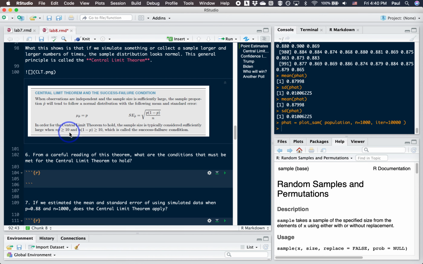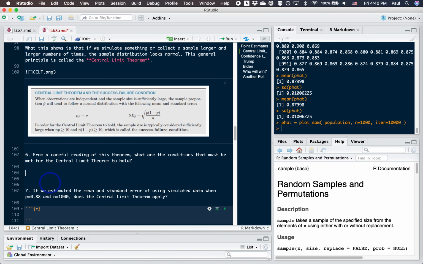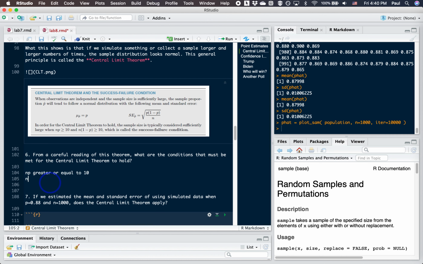We should have n times p greater than or equal to 10, and n times 1 minus p greater than or equal to 10. So these are just some baseline conditions that we have to make sure hold. Then the theory holds. The other thing you should know is the observations should be independent.